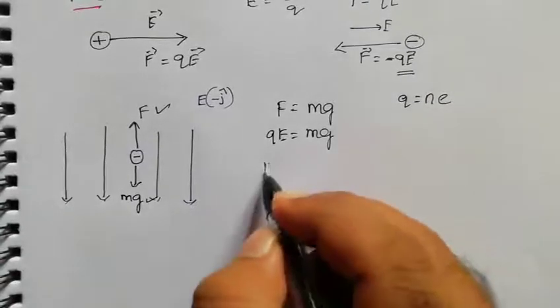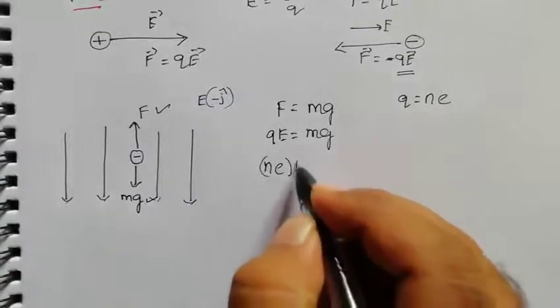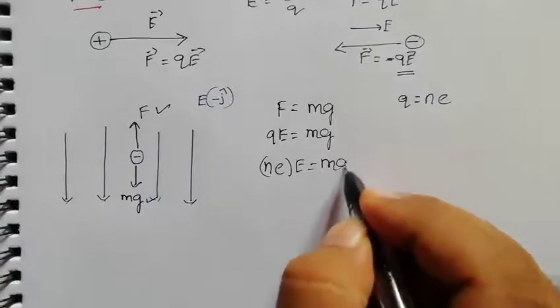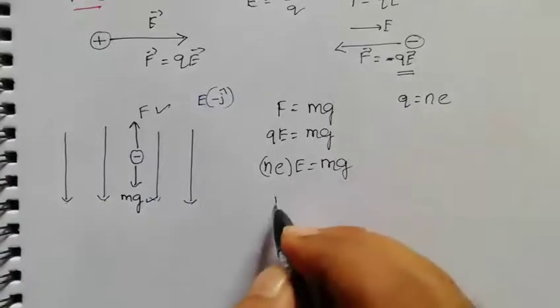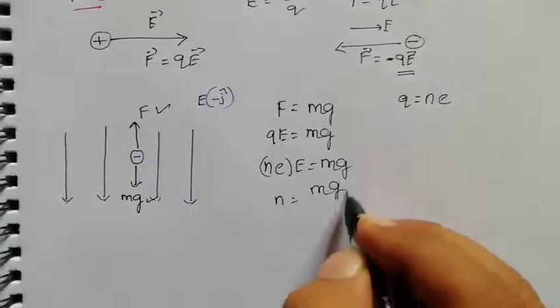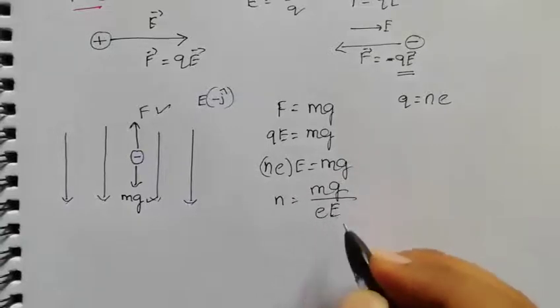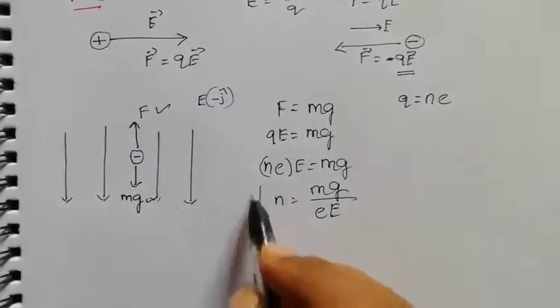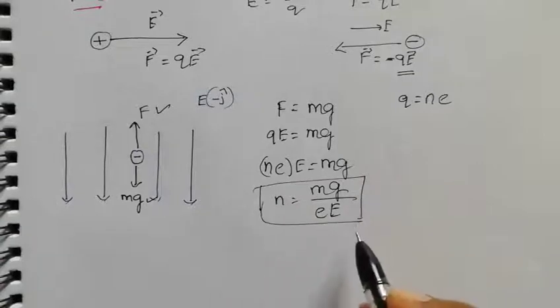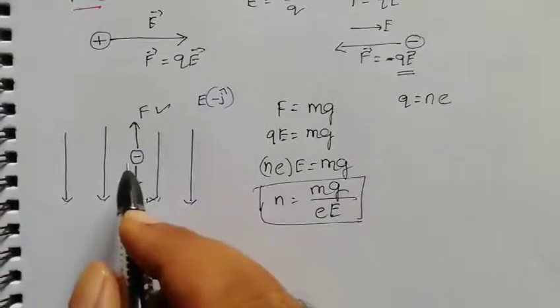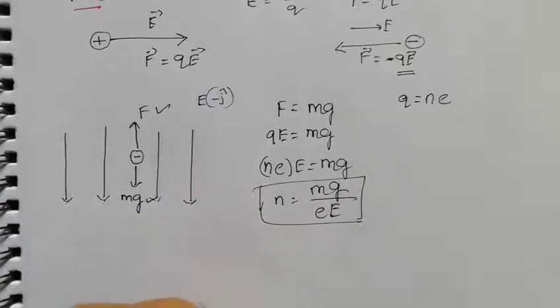Inserting n into e multiplied by capital E, equal to m into g, we get n equal to mg divided by e into E. Means this is the number of electrons required to make the particle stationary here. That's one more thing. Then acceleration also we can get.